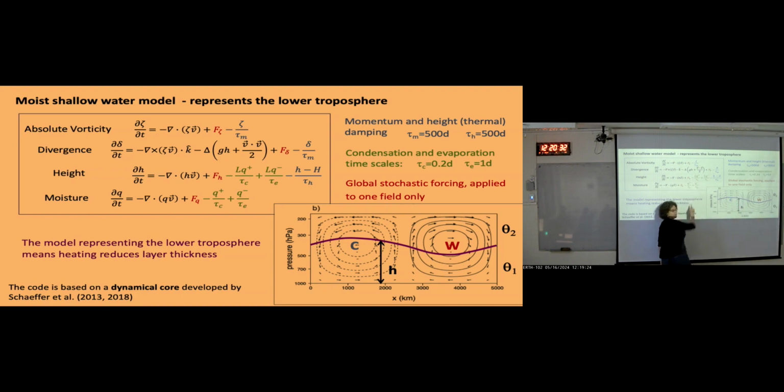Okay? It's like a negative source of height. And the opposite is true when you evaporate, you cool and you thicken the layer. So it's the simplest effect of moisture. Moisture comes into the height equation, which is temperature, through latent heat release or taking.